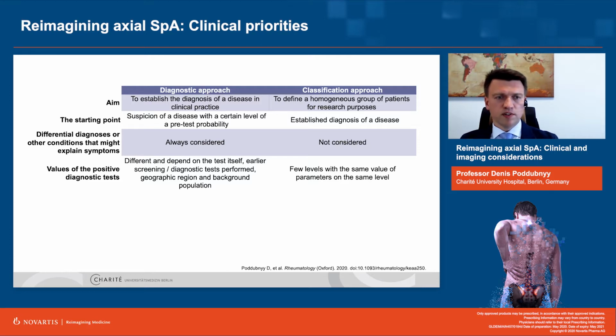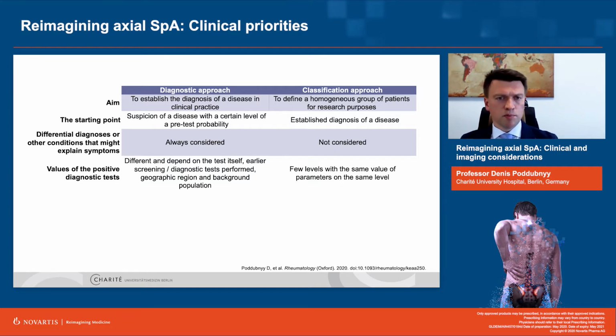The value of positive diagnostic tests in the diagnostic approach is different and depends on the test itself. Earlier diagnostic screening tests performed, even geographic region and background population might play a role. The best example is B27 positivity.